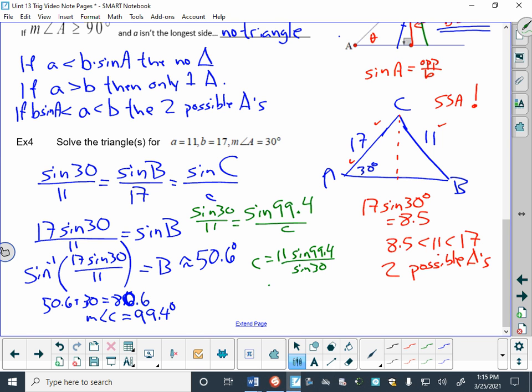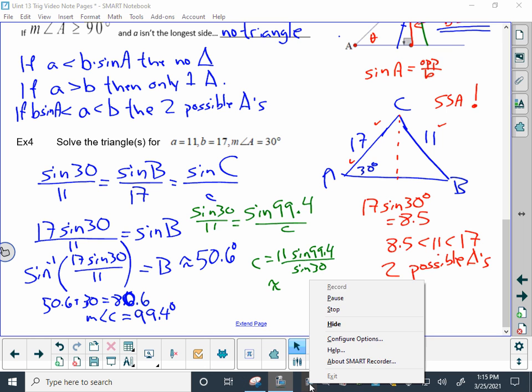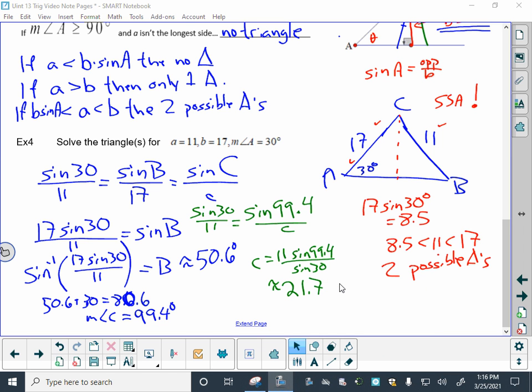And when I do that, I get that C is approximately equal to 21.7, which makes sense. If it was a 99.4 degree angle, that's the biggest angle, and I would expect the largest side to be across from there.